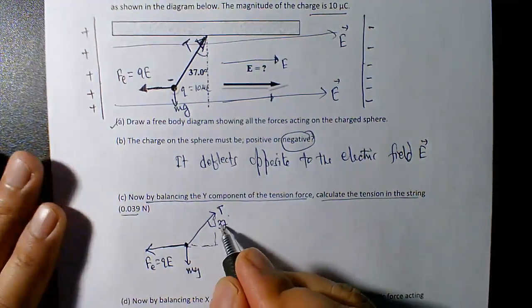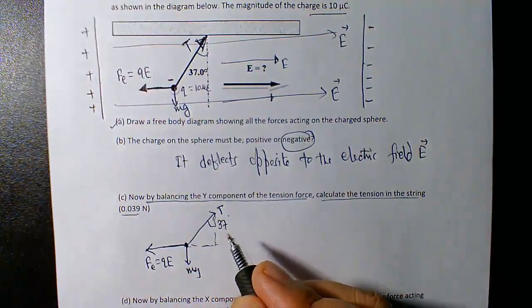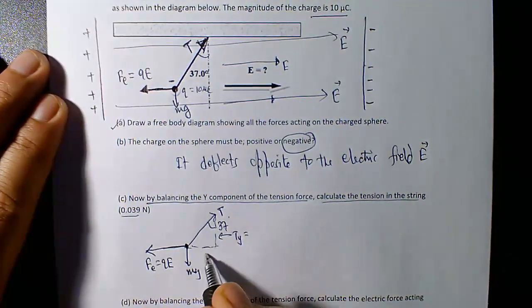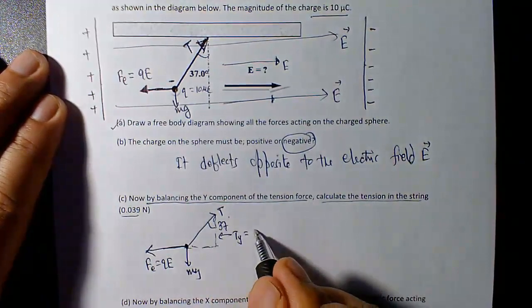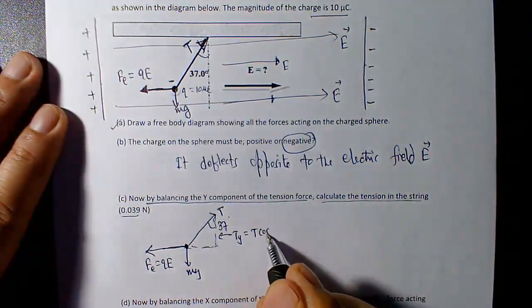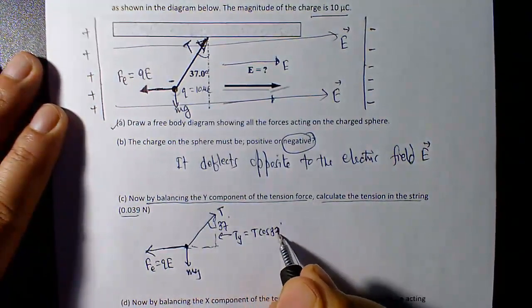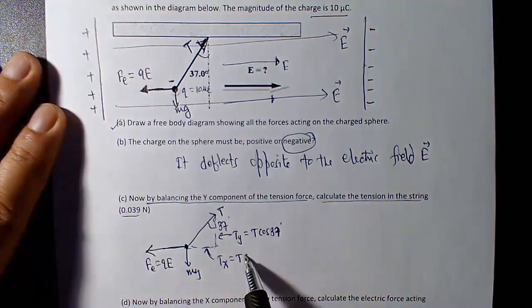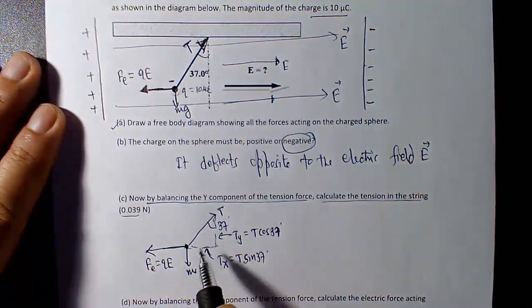So the y component is T cos 37 degrees, not sine, and the x component is T sin 37 degrees if you do trigonometry.